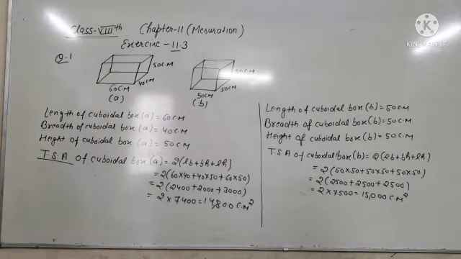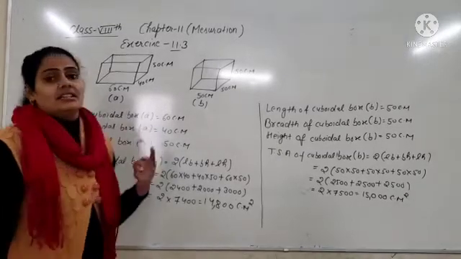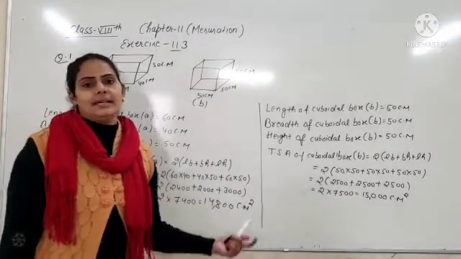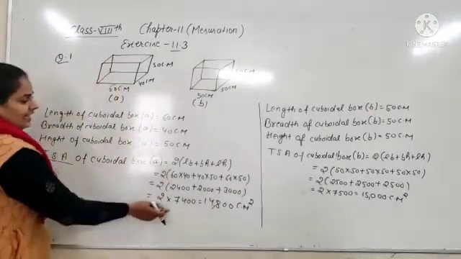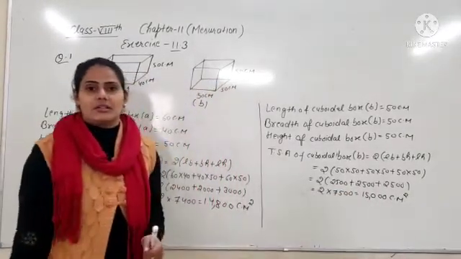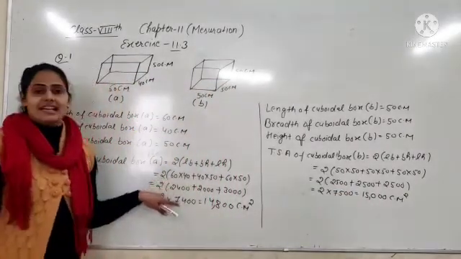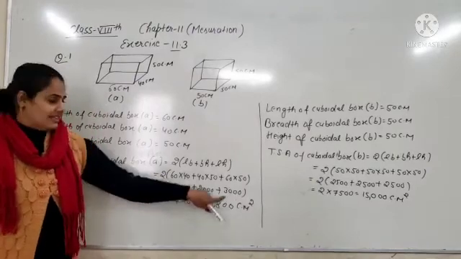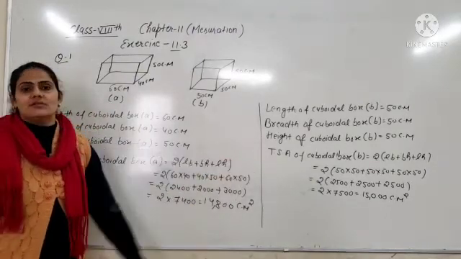Now you have to find out which box requires the lesser amount to make the material. You can see here the area is 14,800 and here the area is 15,000. So which box requires the lesser amount? This one is 14,800 and this one is 15,000.